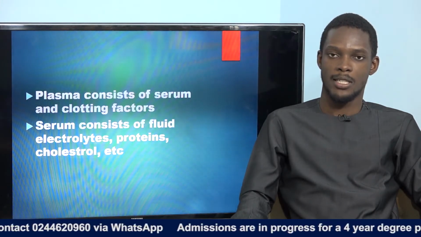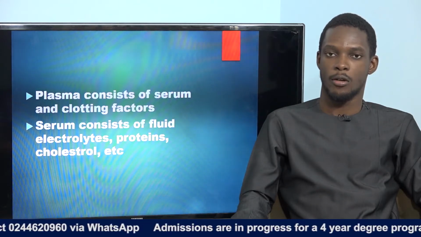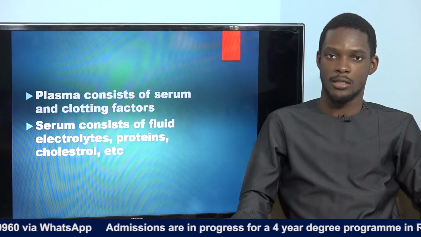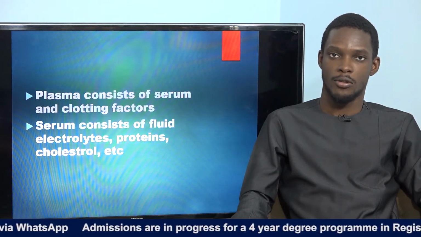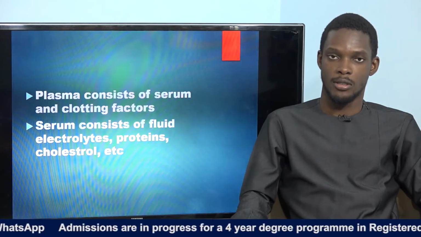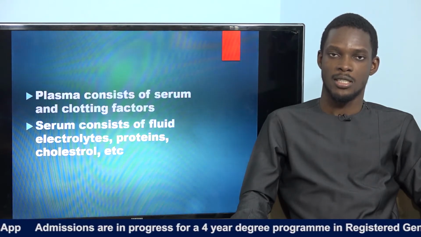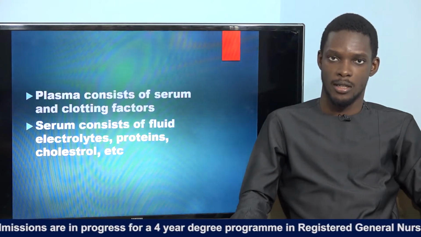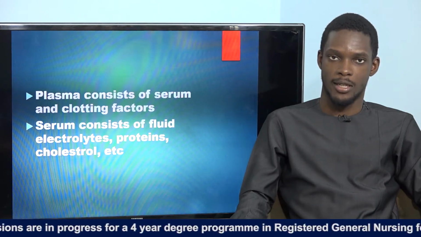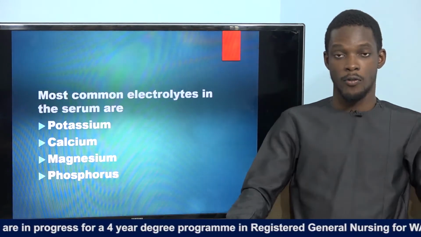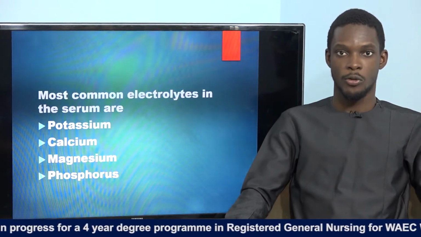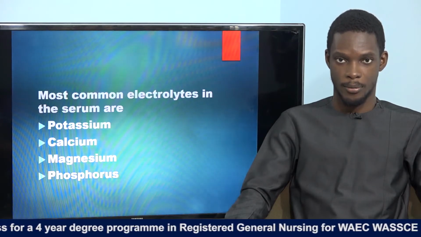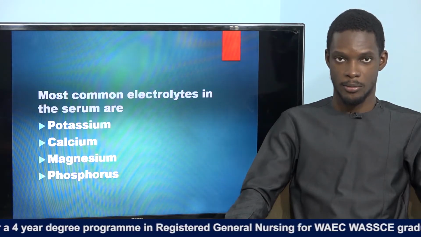As stated, plasma contains serum and clotting factors, and serum consists of electrolytes, proteins, cholesterol, and all other molecules necessary for body function, dissolved for the use of the blood, like glucose, waste materials, carbon dioxide, etc. For the purpose of this lesson, the most common electrolytes dissolved in serum are potassium, calcium, magnesium, and phosphorus.